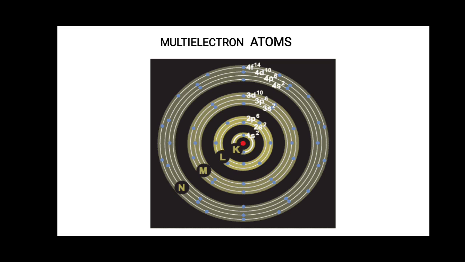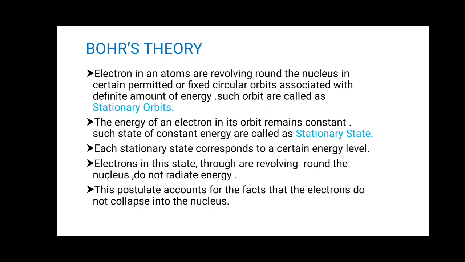Here, the electron is revolving at a certain distance in a fixed circular orbit with a definite amount of energy, meaning there is no change of energy. Such an orbit is called a stationary orbit.